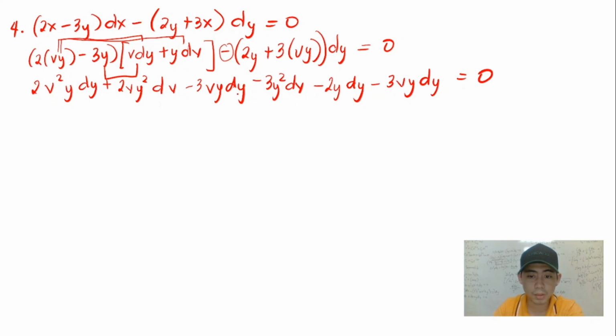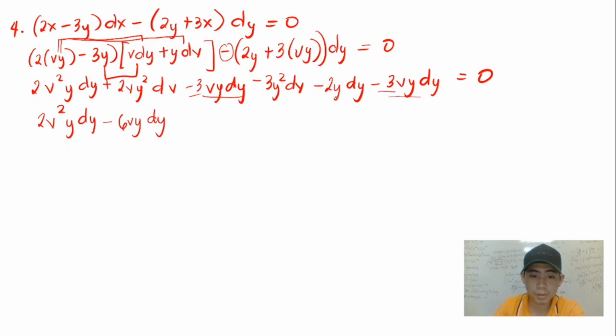Okay. So, meron. Which is eto, mga lodi. Okay? So, rewrite natin. So, 2v squared y dy. Okay? Tapos, minus, ito naman, mga lods, 6. Bakit? Kasi negative 3 plus negative 3 is negative 6. Okay? So, negative 6vy dy mga lodi.